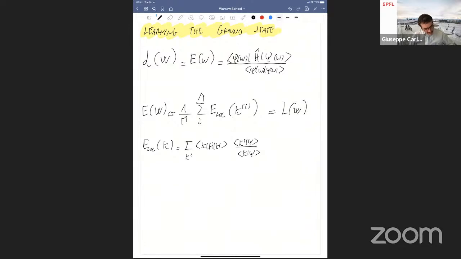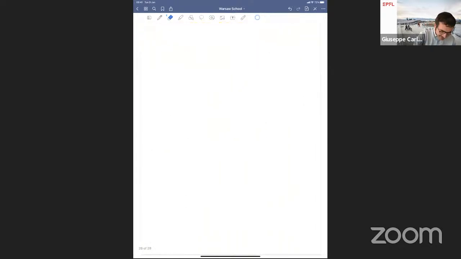Now what I want to do is minimize this loss function, and it turns out, not surprisingly maybe, that the gradients of the energy can also be written efficiently in terms of expectation values over this distribution.